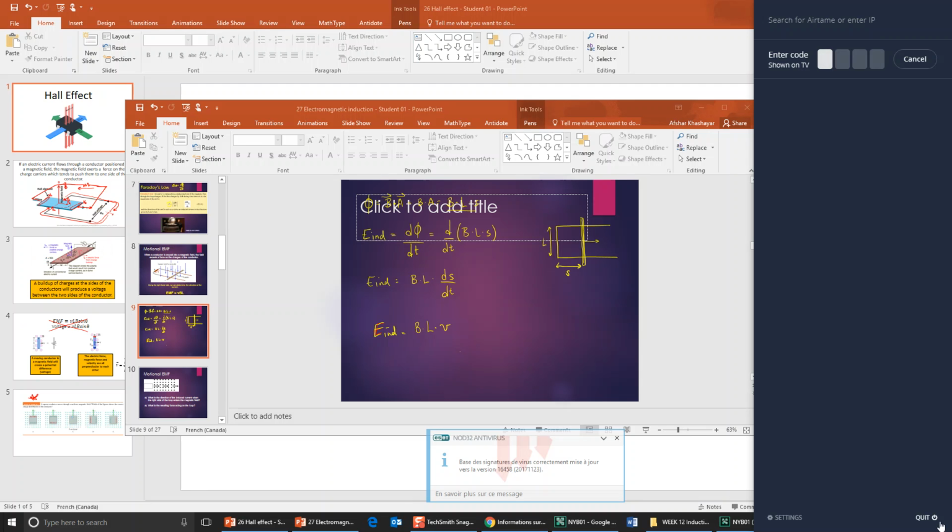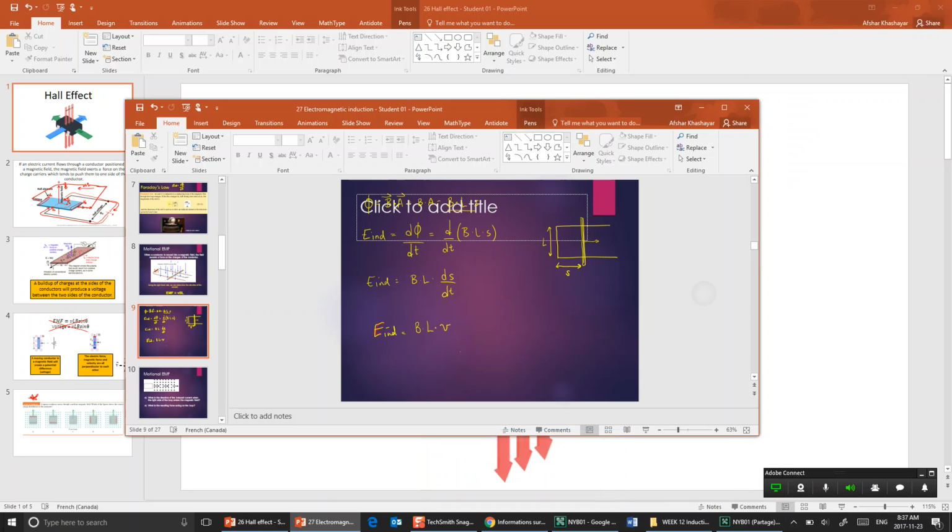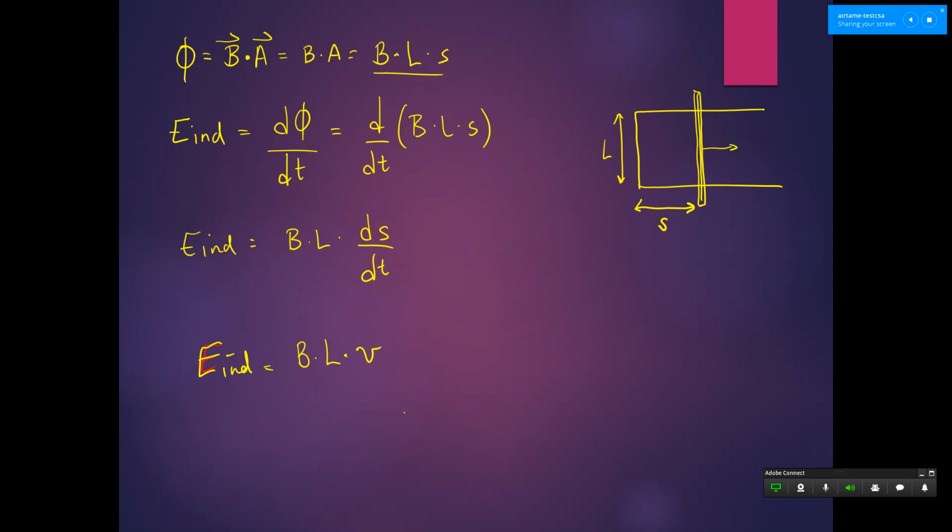Yes. I just replace this expression, this ds by dt, I replace that by velocity.